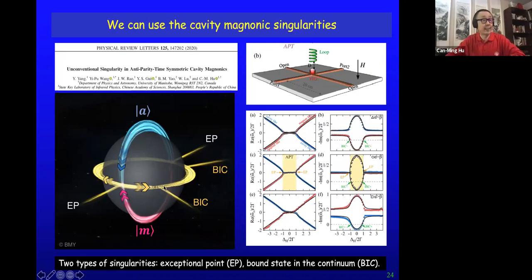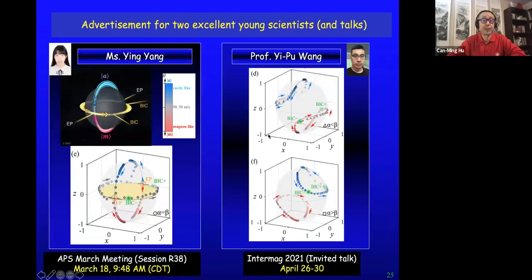At that additional singularity, the hybridized mode has zero damping. The mode cannot decay in that system. It is completely bound in your system. That is what we call a magnon-photon bound state in the continuum, which is a singularity where the damping becomes zero, and that is the second type of singularity you can produce in this coupled system.